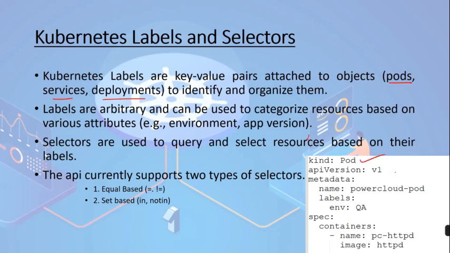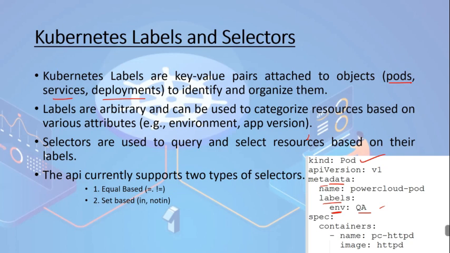You can see this example here. The label is used under this metadata. The label is environment, this is the key, and the value is QA. I have given a label to this pod, the QA environment, right? This pod is under the QA environment.